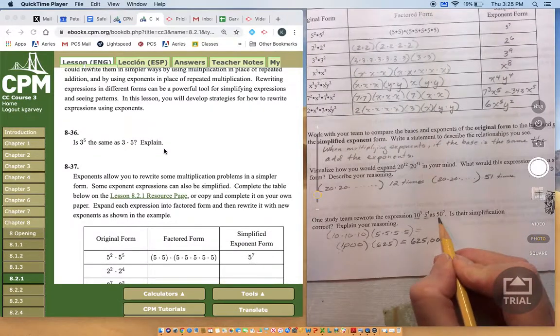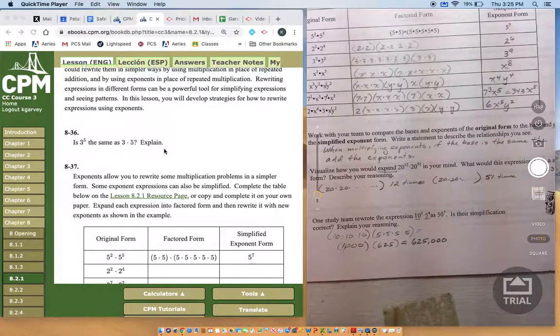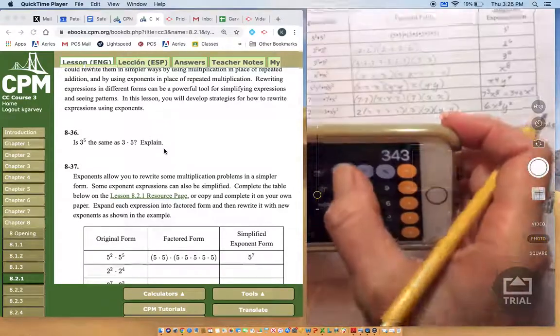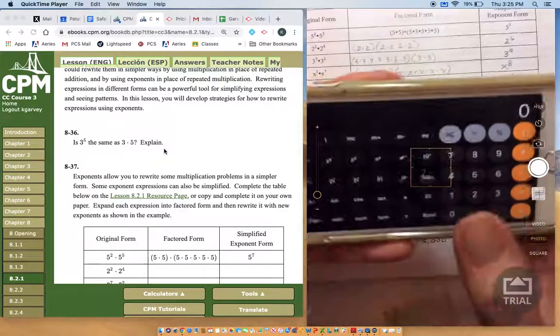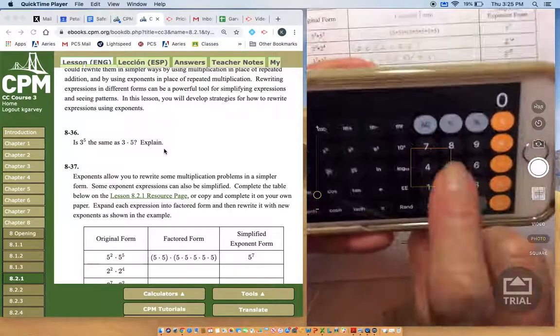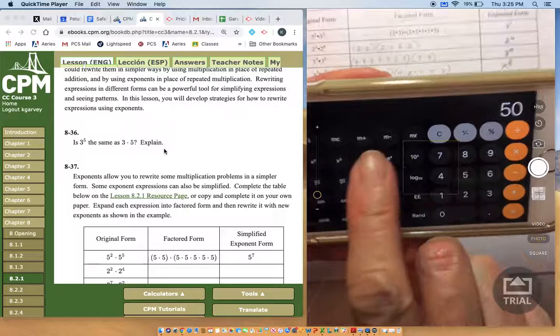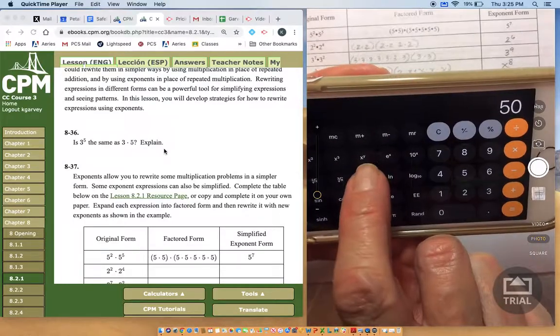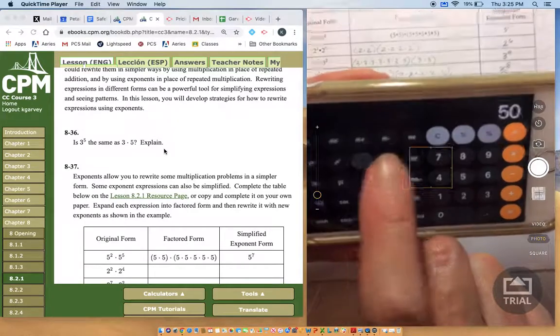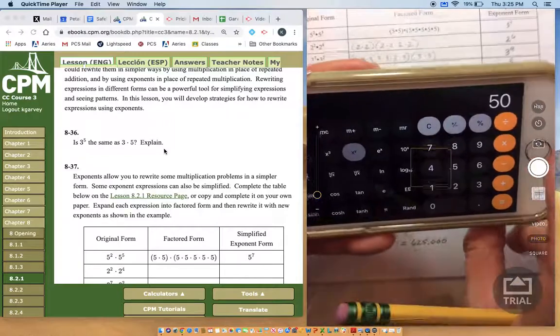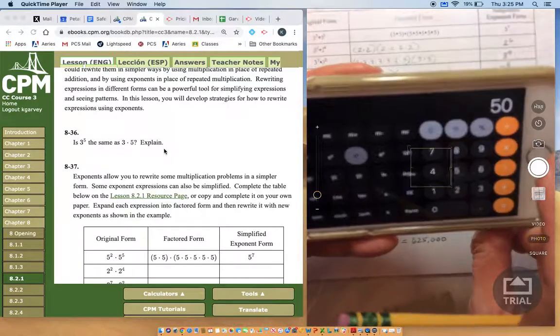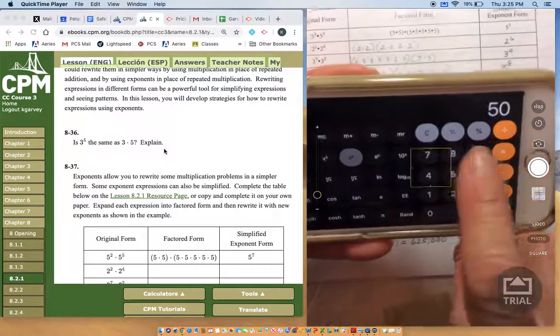But is it the same as 50 to the 7th power? Well, if we do that problem, let's see, 50, so there's our base, and now we'll use this function right here, x to the y power. And now we'll put the y in, which is 7.